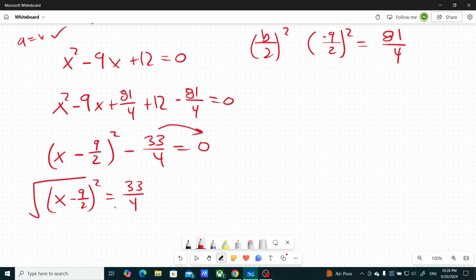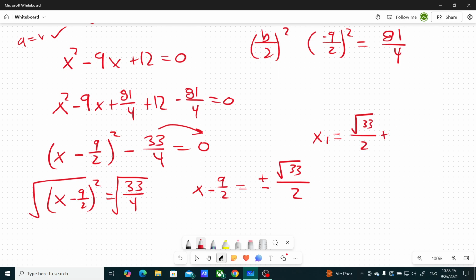I will square root both sides. I will have x minus 9 over 2 equals plus or minus root 33 over 2. So my first x is going to equal a positive root 33 over 2 plus 9 over 2, which is going to be 9 plus root 33 over 2.